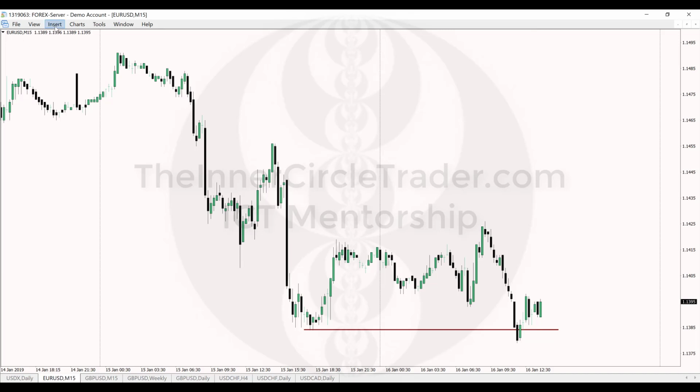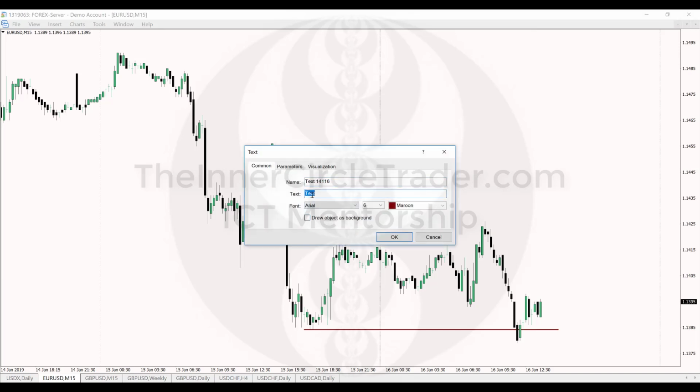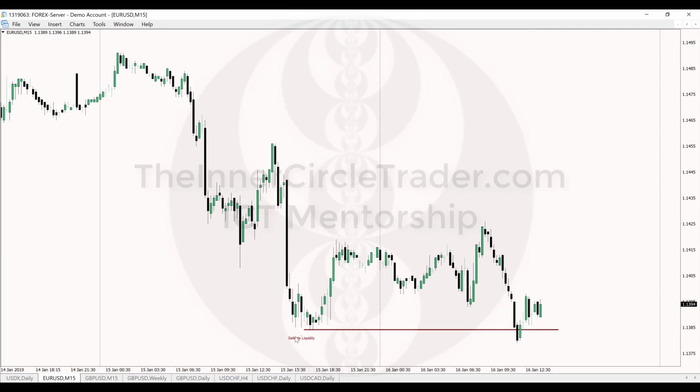Alright, so we have a layer of liquidity that has been taken. This is sell side liquidity. So we have had a run on all the orders resting below these equal lows, and also below here.